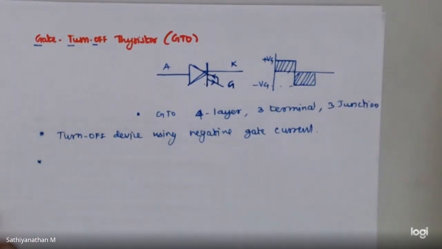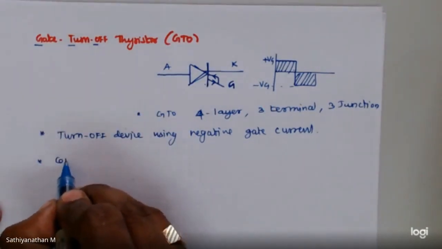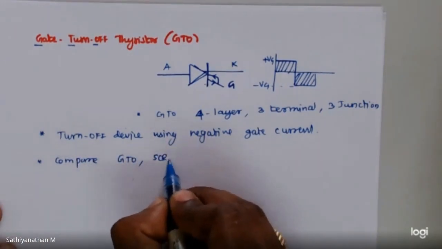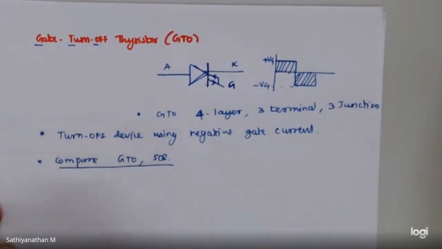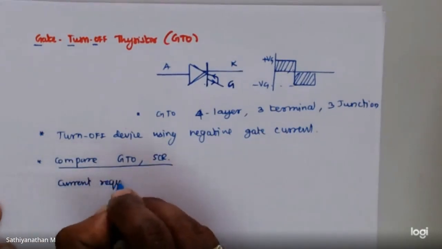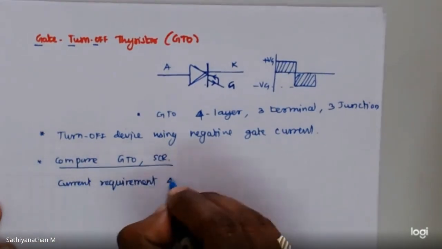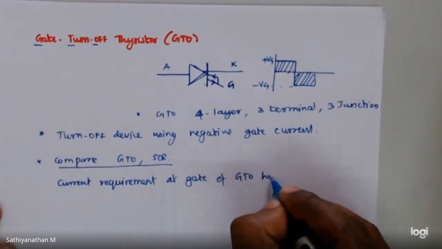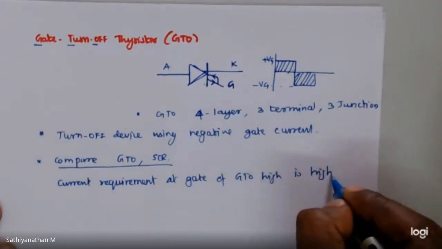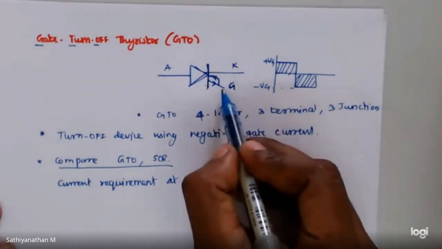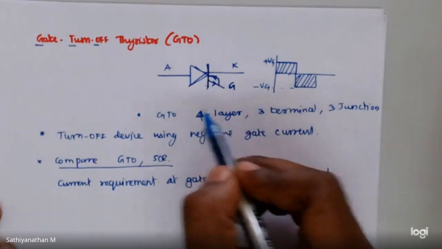So if you compare GTO and a normal SCR, the current requirement at the gate of GTO is high, because we are adding one more layer to do the turn off operation using a negative gate pulse.